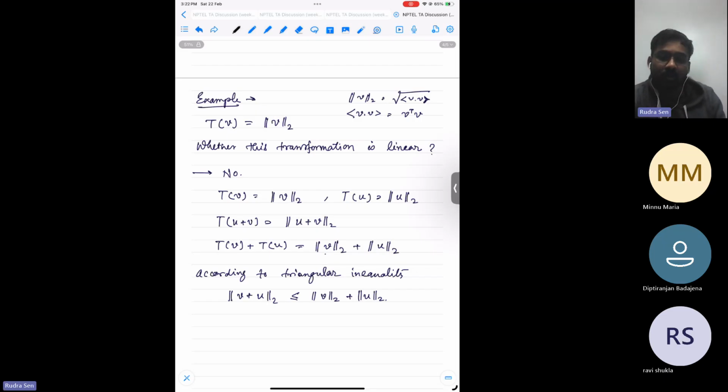So that means this does not satisfy the linear property, and our transformation is no longer a linear transformation.